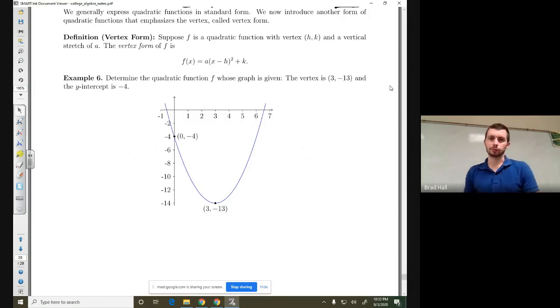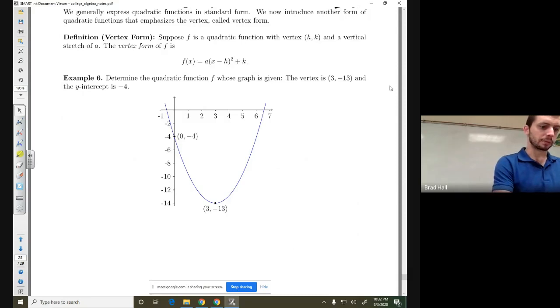The reason why we call it vertex form is because we need the vertex in order to construct this quadratic, just like how slope-intercept form is built off of the slope and the intercept. Vertex form is built off of the x and y coordinates of the vertex.